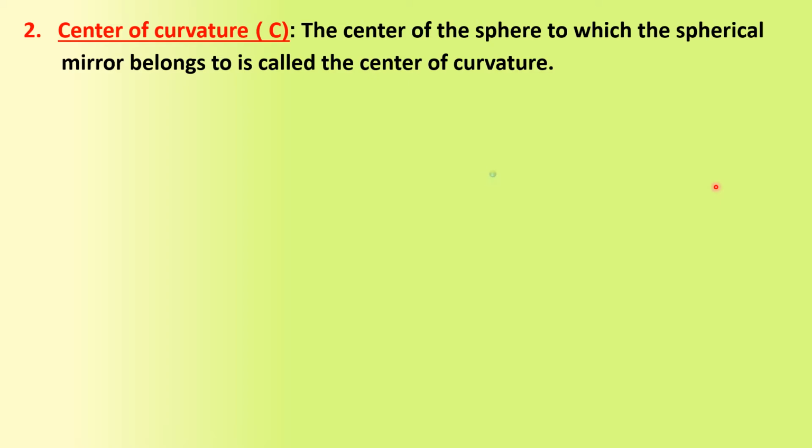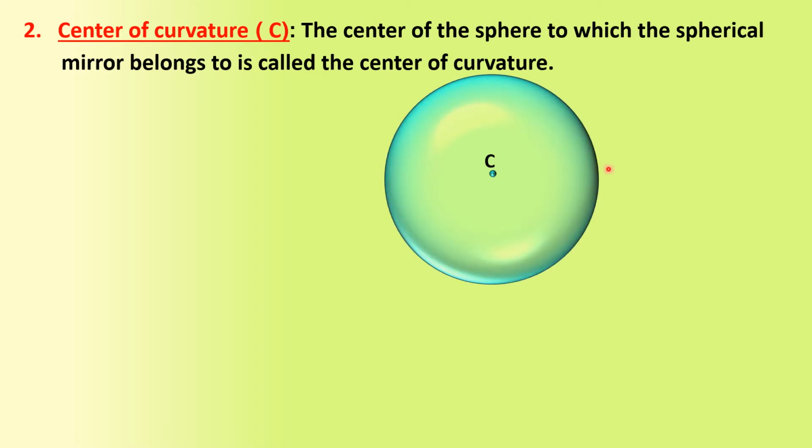See here, here is a hollow sphere. Its center is here, C. Inside there are two spherical parts or mirrors, and you can see this is a concave mirror and this is a convex mirror. That means these mirrors, that is spherical surfaces, are parts of the sphere, hollow sphere.